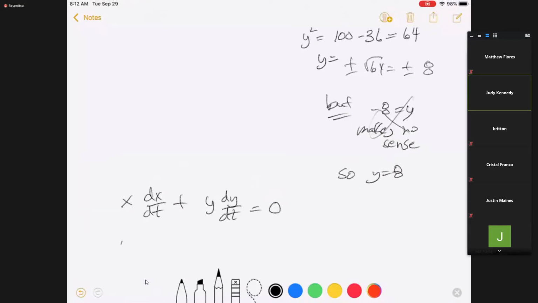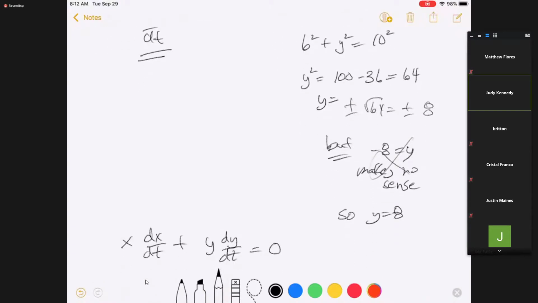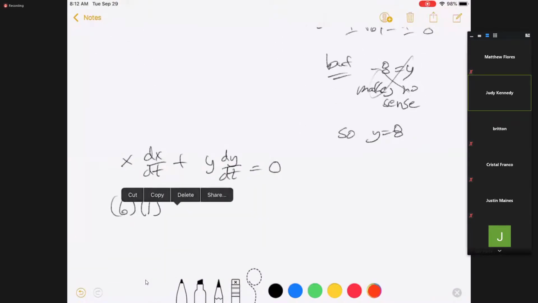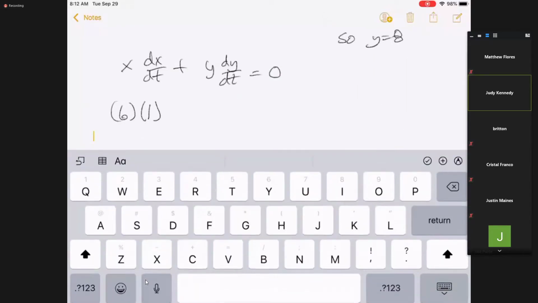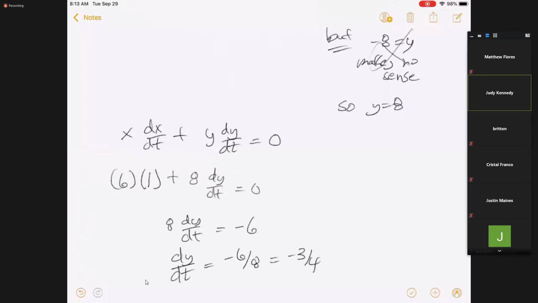And let's see, so I put in 6 for x, 1 for dx dt, and we just got that y was 8. And that says that 8 dy dt is minus 6, so dy dt is minus 6 over 8, which is minus 3 over 4.